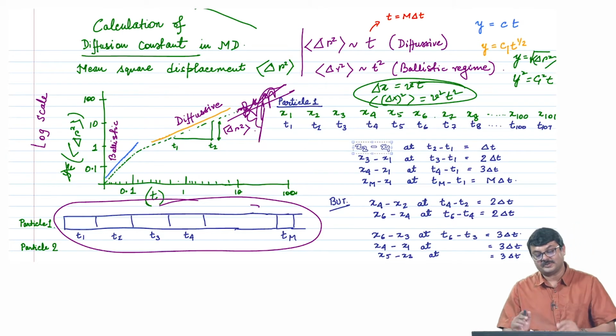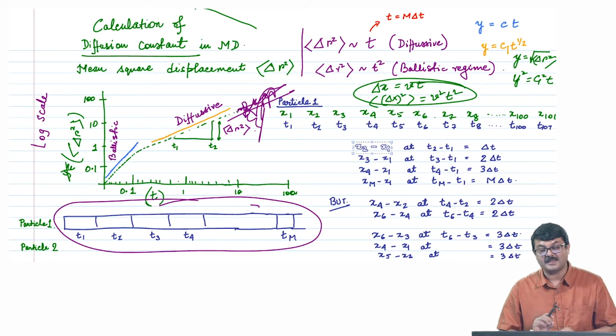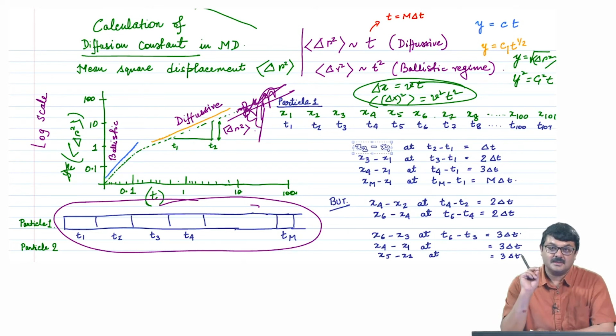So, if you just save the positions and calculate x2 minus x1, you are likely to get wrong values of x2 minus x1, because the particle might have started out somewhere in space, then crossed the periodic boundary, and after say 1 million iterations, it is somewhere close to its starting point. Whereas x2 minus x1 should be relatively a large number, depending upon the diffusion constant as well. The presence of periodic boundary conditions can give you a misleading answer.